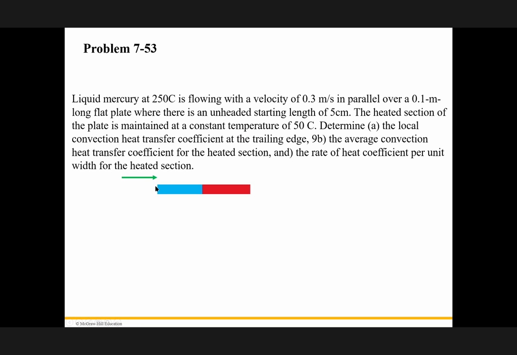The first 5 centimeters has no heat transfer from the plate to the fluid, but heating starts from here. Therefore, the velocity has some time to start developing slowly, and then from here the temperature profile starts to develop.